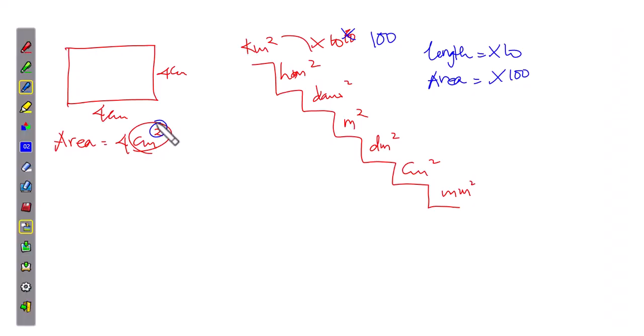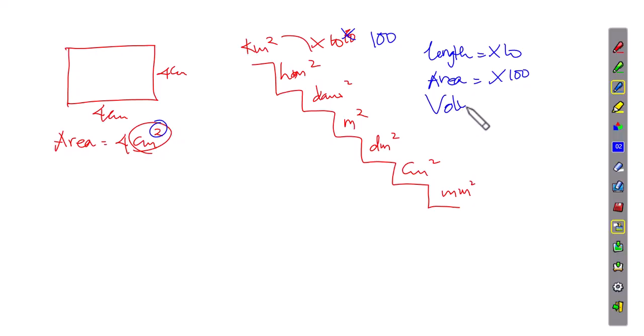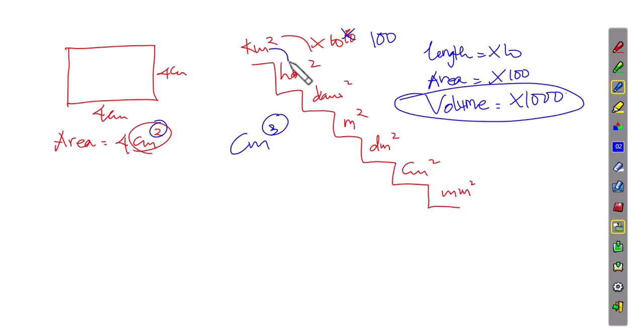And for the volume, because for volume usually you use the units of to the power of 3 or cubic, so you times it by 1000. Actually the concept is just the same. When they go down one stair, you times it by 1000. When they go down two stairs, you times it by 1 million.